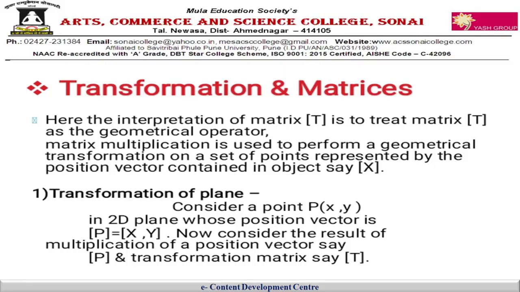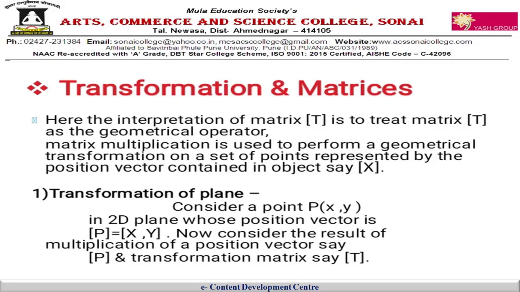First, the transformation of a plane, that is, we have to transform a point in the two-dimensional plane.